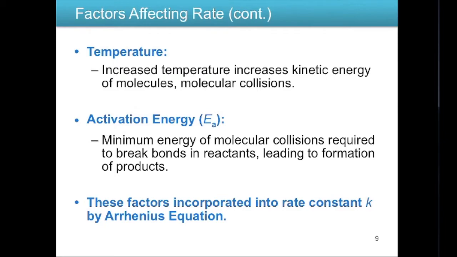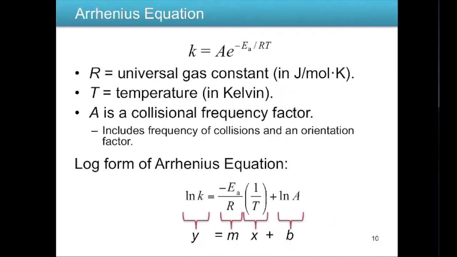So these factors, the temperature and activation energy, are incorporated into a rate constant, K, by what is called the Arrhenius equation. And that is shown here. So there's the Arrhenius equation. We have a rate constant, activation energy, and temperature.